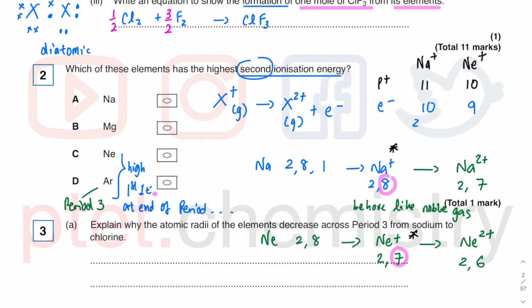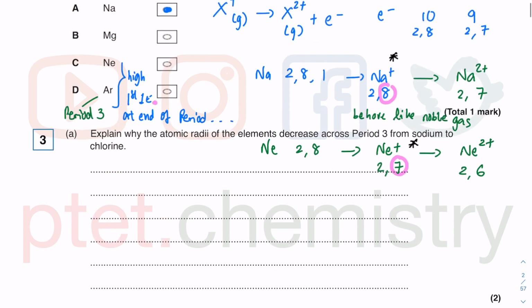So this was removing from 2, 8, this was removing from 2, 7. So I think the highest would have been this one, because you are really taking it away from the noble gas configuration, whereas for the first ionization energy, neon will be the higher one, but for the second ionization energy, sodium plus will have the higher one, simply because you are taking away from the noble gas or the fully filled outer shell electronic structure there.